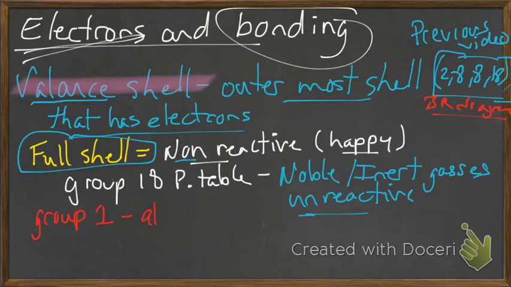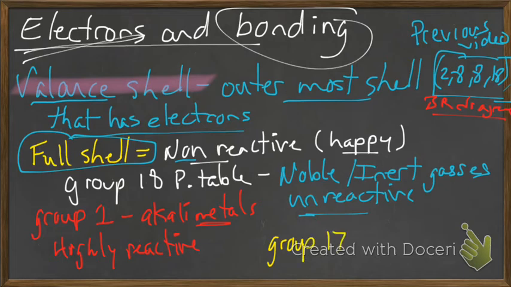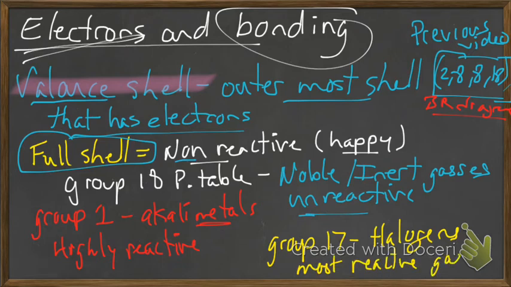These were the alkali metals, and they were highly reactive. Metals, I'm going to underline that. If we also think about group 17, halogens, these were the most reactive gases.